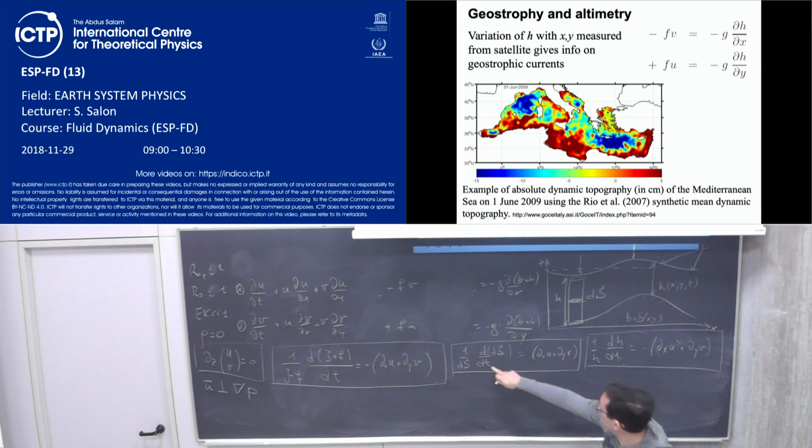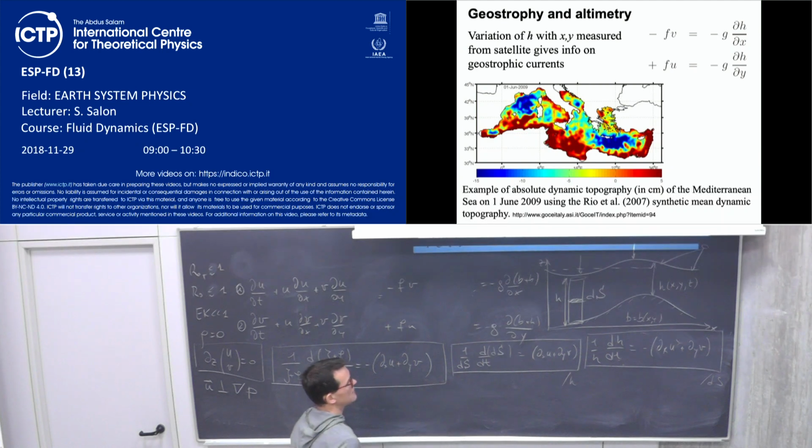If I consider this and then multiply all of this by h and all of this by ds, and then I sum, because of course both of them are singularly equal to 0, so I can do it.